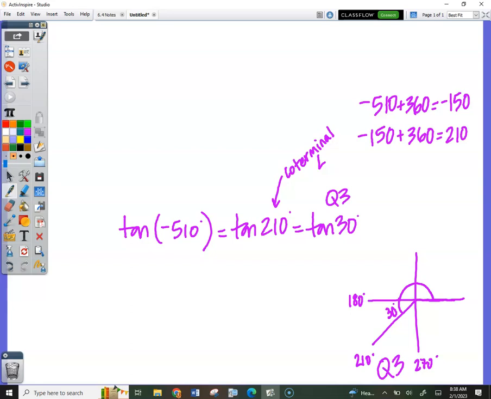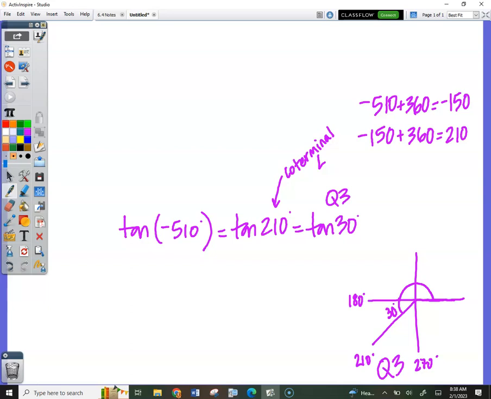The reason it's positive is because tan is y over x, while in quadrant 3 both y and x are negative. Then you'd go to your chart and you would just read the chart. Several people got this wrong. We did practice this in the notes, and I remember saying to y'all that this was something that involves several steps, and it's so easy, like as far as looking at the chart, that you overcomplicate it, and that's what happened with a couple of people.